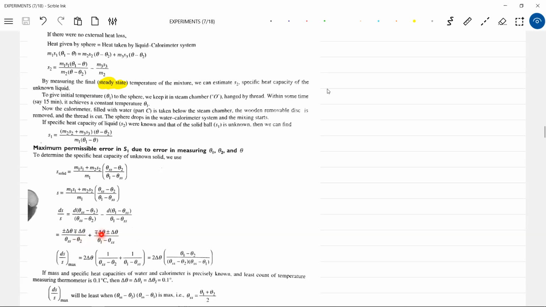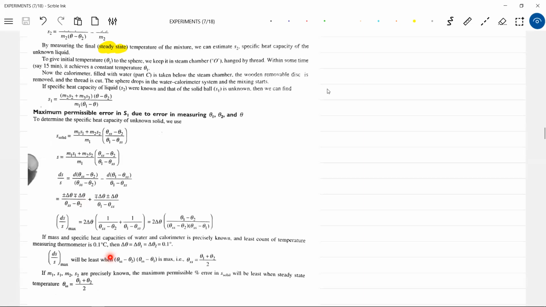So that particular thing will be reflected like this. It's purely a random error. So that will help us a lot in assuming some conditions here.